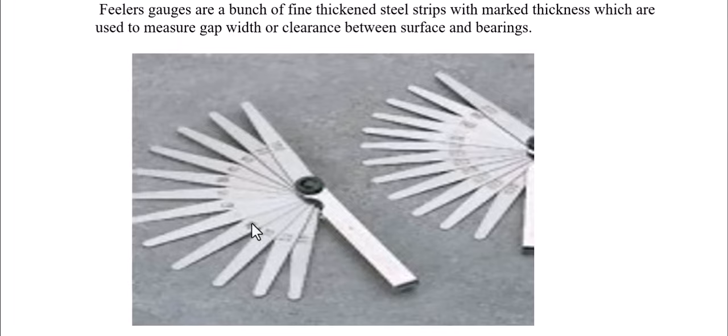When the strip is big compared to the gap, then you find a smaller one, and if it is smaller than the gap, then you find a bigger one until you find the best match. The best match is the one whose dimension you read, and it is the exact dimension of that particular gap. They are found in metric and in British, but all of them have the same principle of operation.